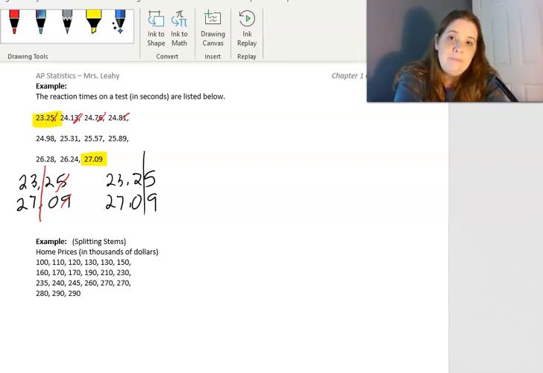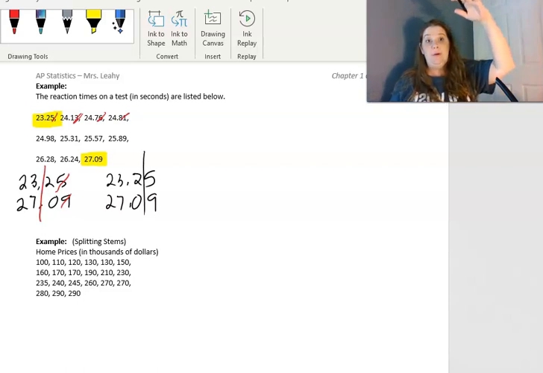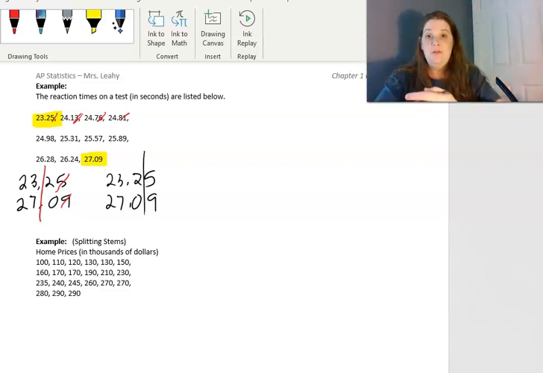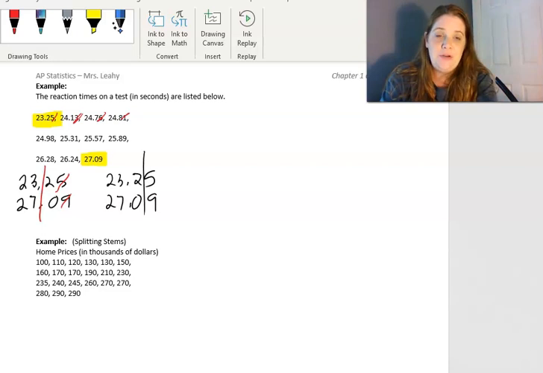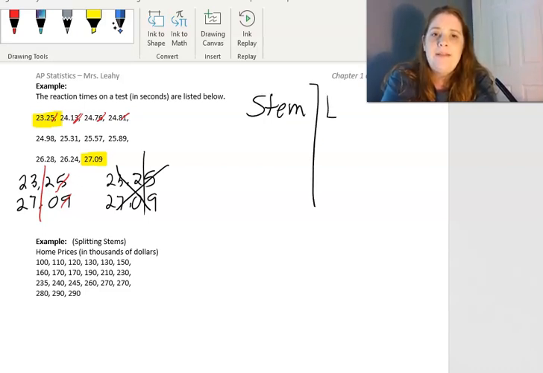Well, if we did that, our stems would be 232, because we're not going to put any decimals in there, up to 270. 232 up to 270 is a lot of stems, way over 15. You're going to fill up your whole paper with stems, and you've only got a handful of numbers here, so it's going to be a very uninteresting graph. We don't want to do that. We want to keep it smaller. So I'm going to go over here and say stem and leaf.